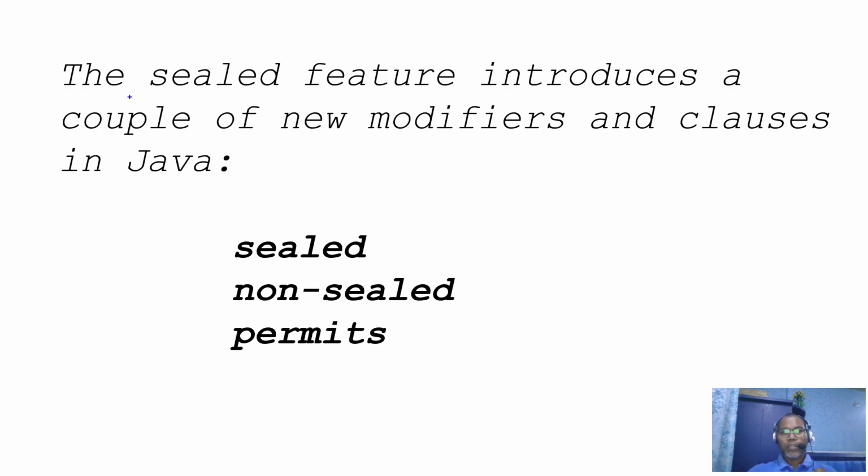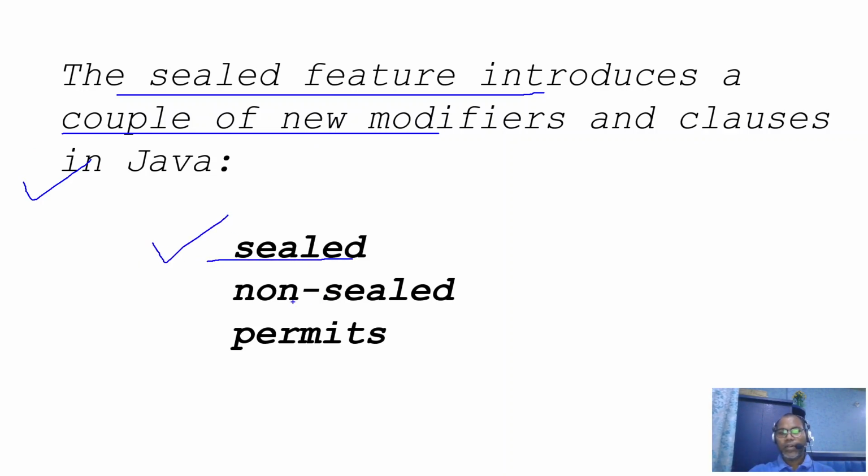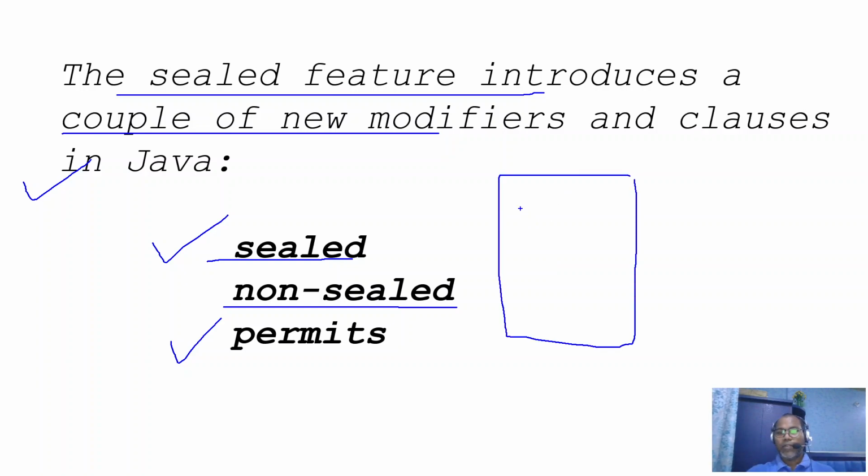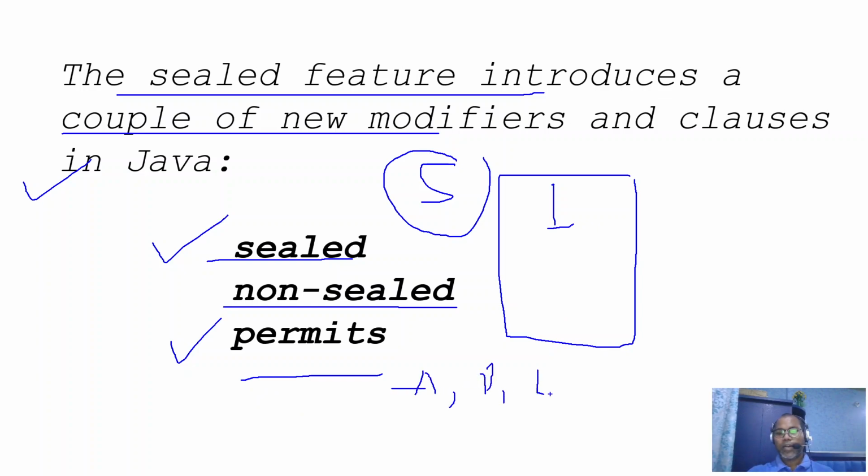To implement this sealed feature, a couple of new modifiers and classes were introduced in Java. The new modifiers are sealed, non-sealed, and permits. Permits means allow. Let's say we have defined an interface and I mark it as sealed, and here we are allowing, with permits, class A or class B or class C to implement this interface.